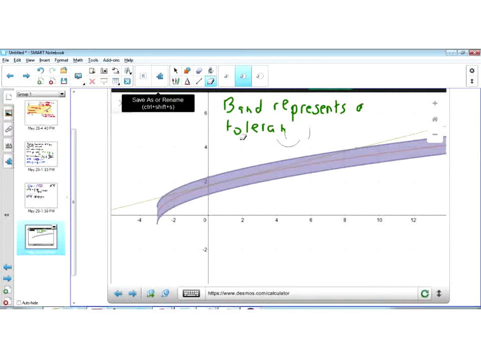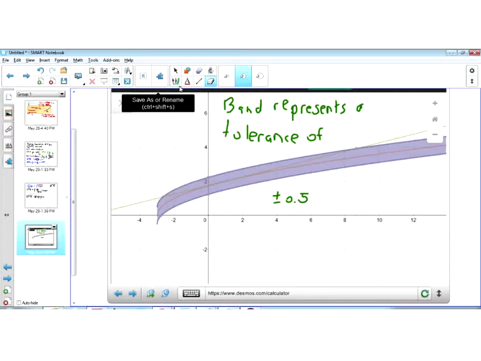A tolerance of, I misspelled that, didn't I? Represents a tolerance of plus or minus 0.5 of the output of the function.